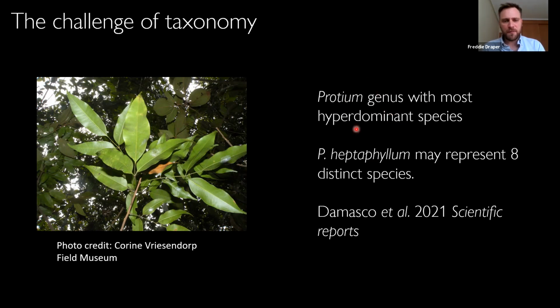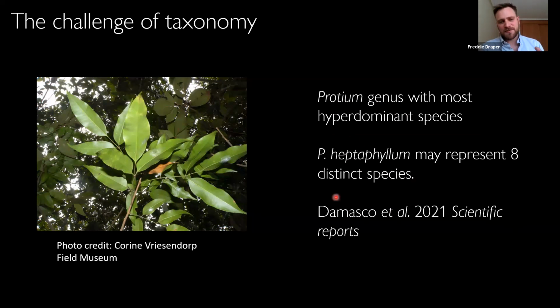So there's lots of hyperdominant species, and Protium heptaphyllum is one of the most common. But a recent study that looked at the genetics, also the morphology and the traits of this species across the Amazon basin suggests that it may actually represent 8 distinct species.